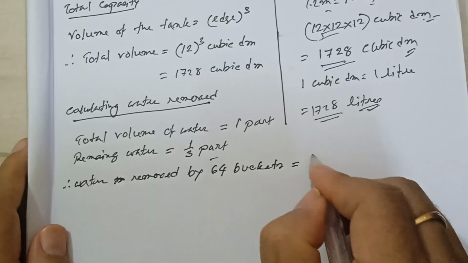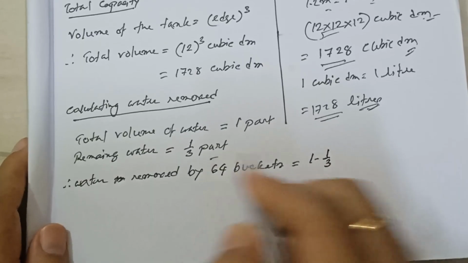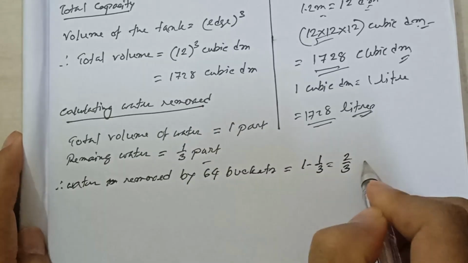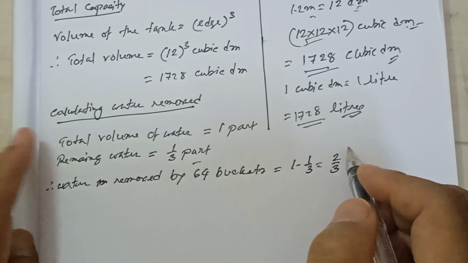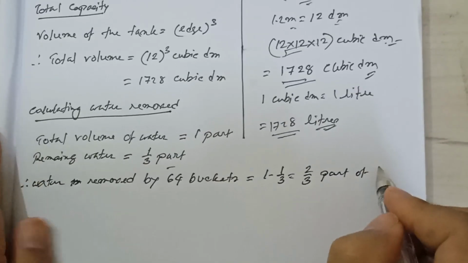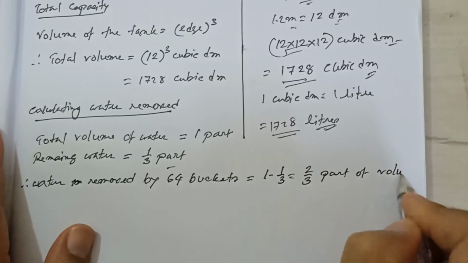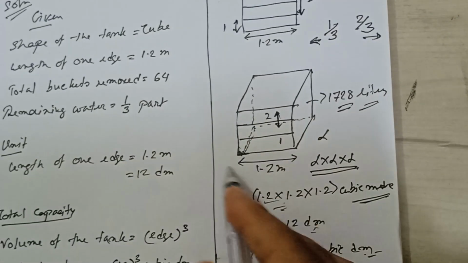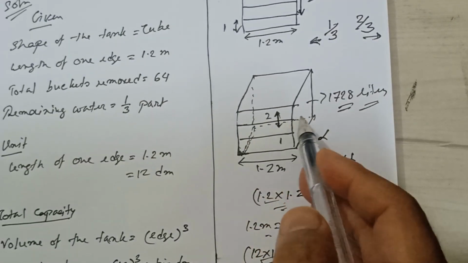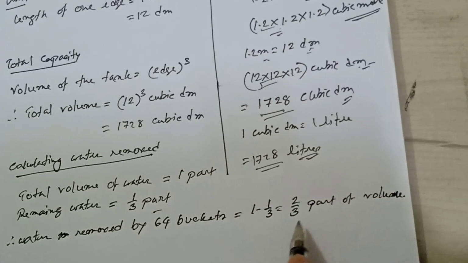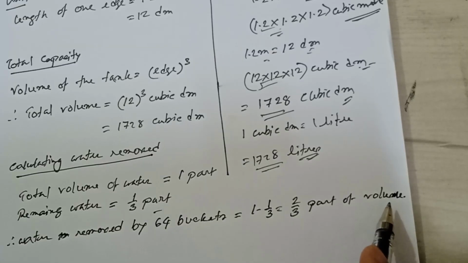If you subtract this 1 by 3 part from 1 part, you get 2 by 3 part of the volume. Okay, so out of 3 parts, 2 by 3 part is removed because 1 part remains. So 2 by 3 part of the total volume was extracted.